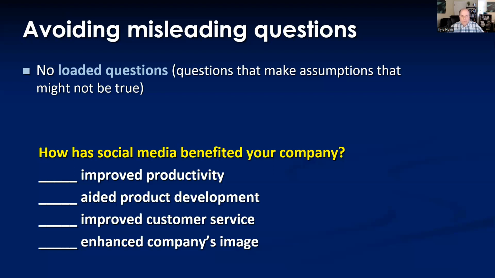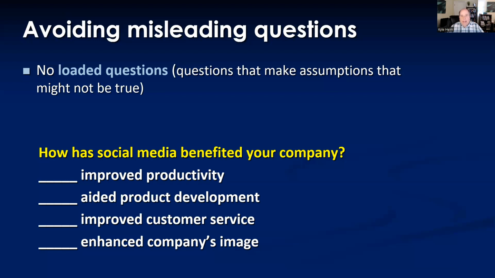Let's say you ask this question on a survey: how has social media benefited your company? And you give them different options to choose from. What's the problem here? Well, the problem is you are assuming that social media has indeed benefited their company. And you're forcing them to choose one or more of the ways in which that has been the case.